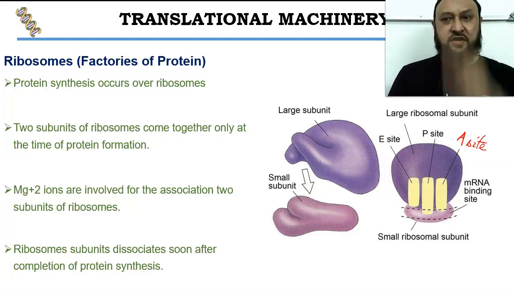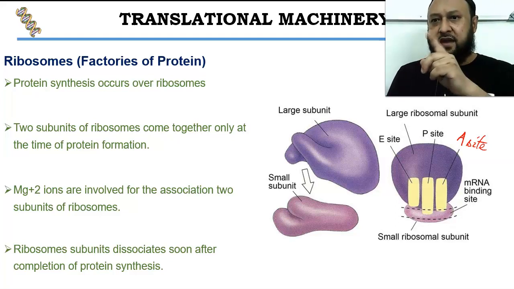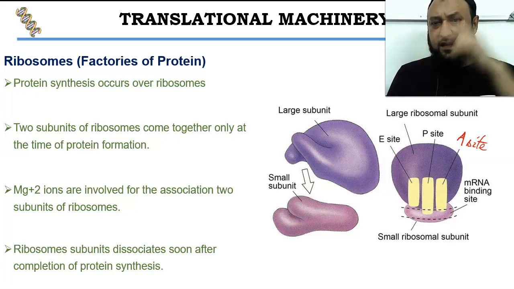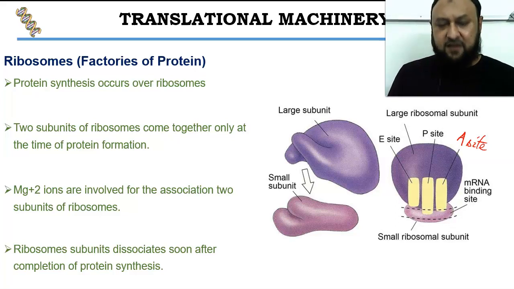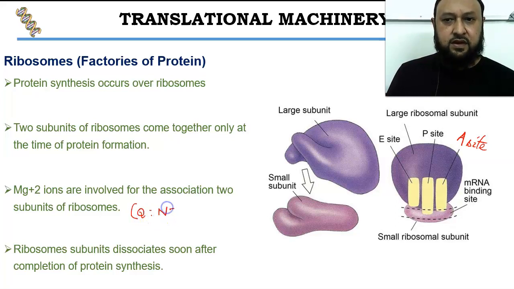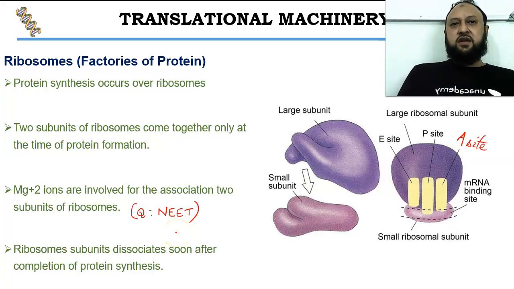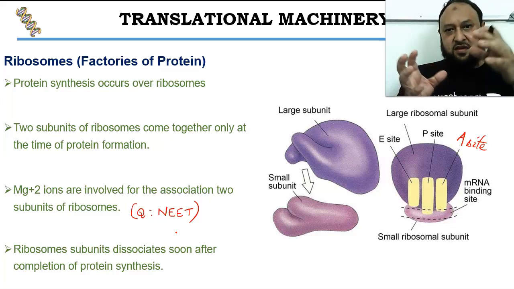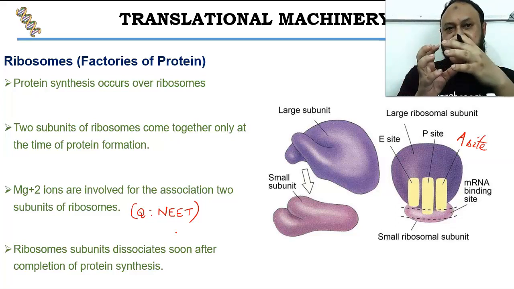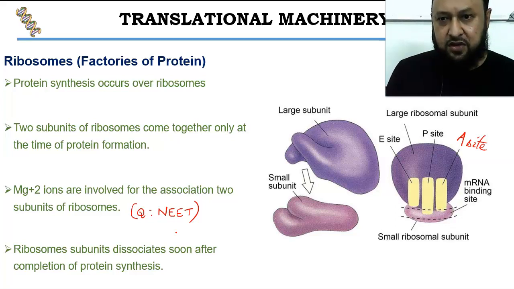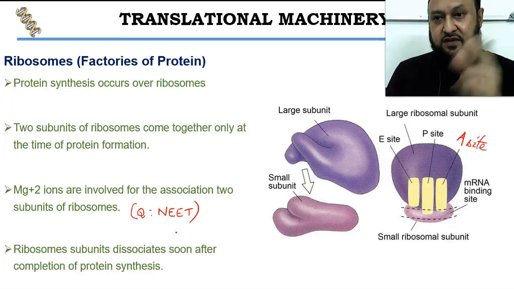So two subunits are there, the larger and smaller subunit. Magnesium ion is required, as I told you. This is very important, so note it down. It is a question for NEET, asked in the NEET examination: which ion is involved in the association of the ribosomal units, the larger subunit and smaller subunit?